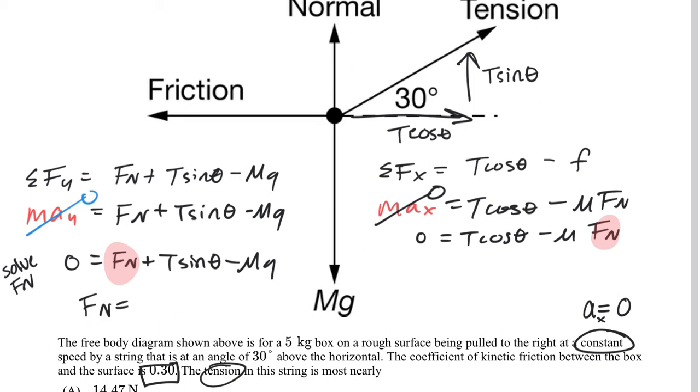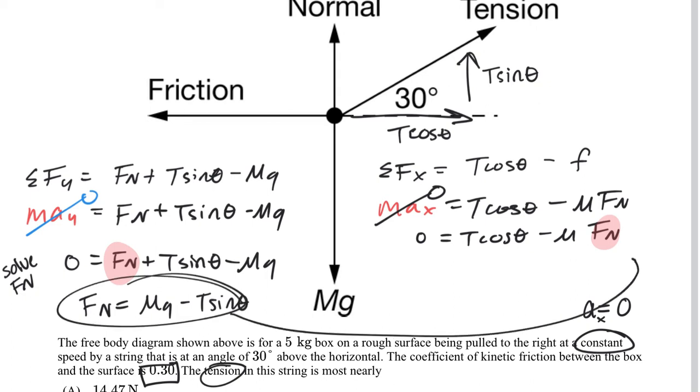Force normal will be equal to mg minus T sine theta. Then we're going to plug it in over here, so T cosine theta minus mu times mg minus T sine theta.